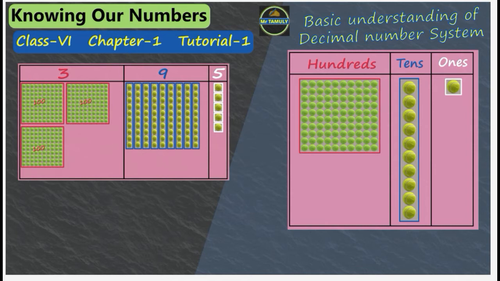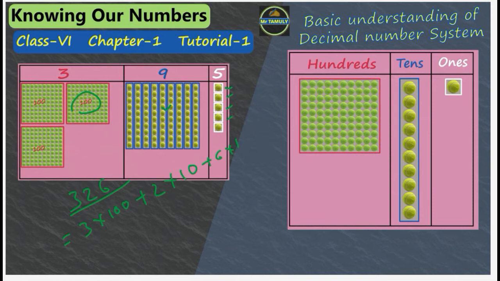So if you are given a random number, say 326, to write the expansion we shall write 3 into 100, because in the third place we count in sets of hundreds, plus 2 into 10, because in the tens place we count in sets of tens, plus 6 into 1, because we count in ones in the ones place.